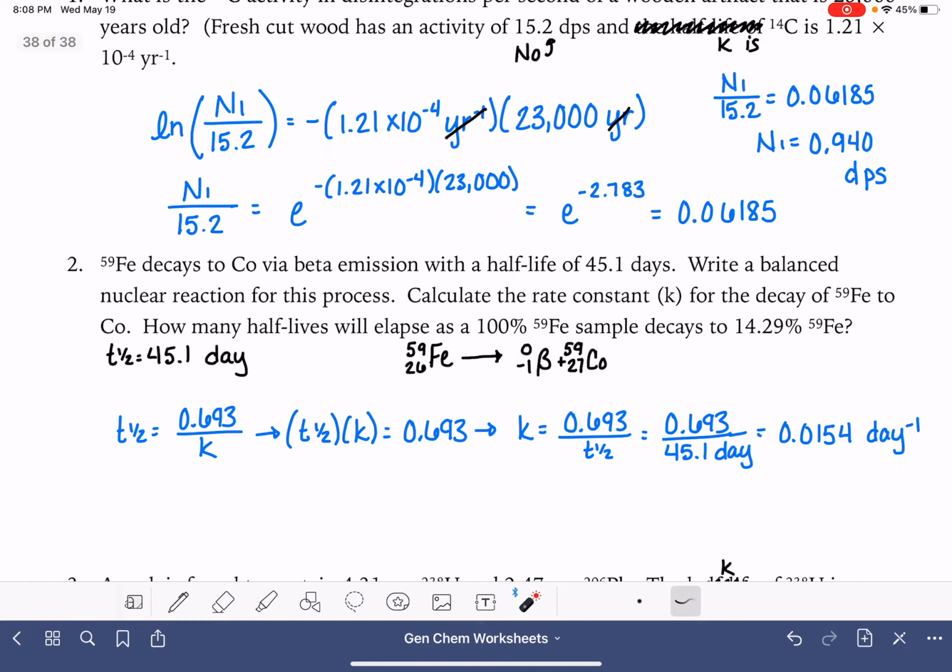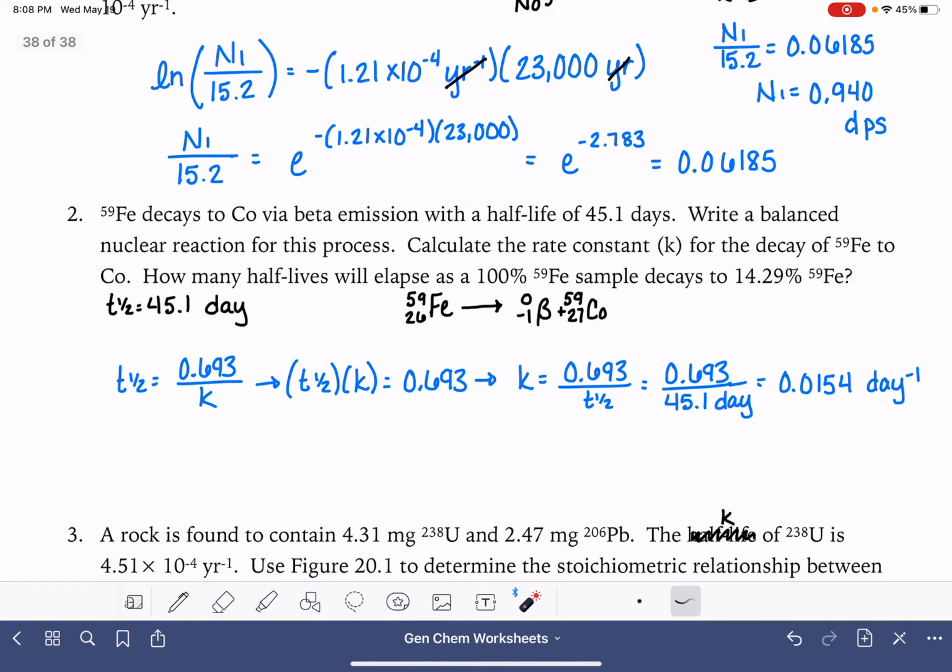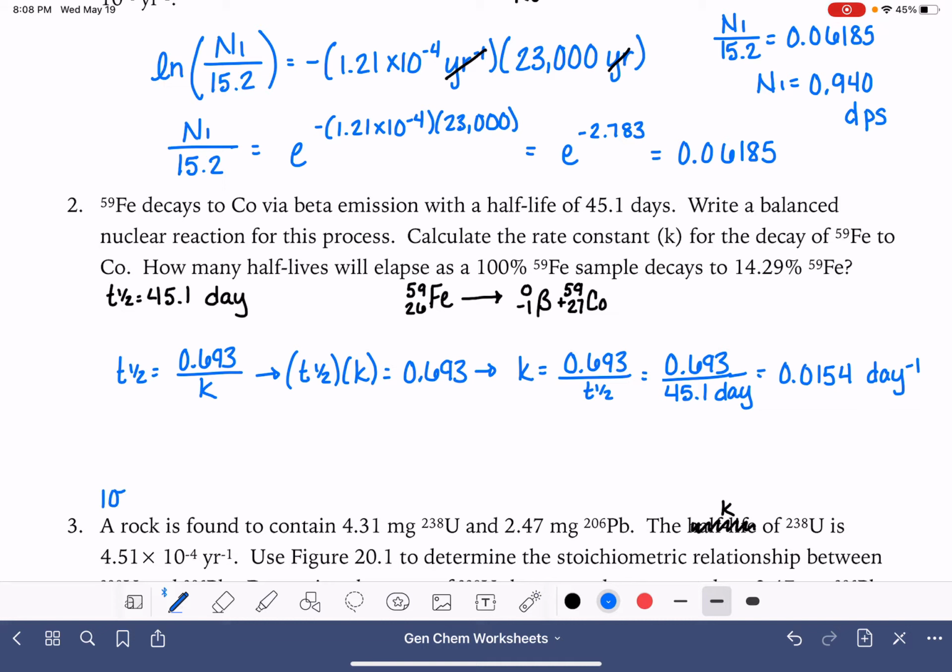Last part of this question, so we just calculated the rate constant. Last part, how many half-lives will elapse as 100% decays to 14.29%? This would be a really easy problem to solve if this worked out to be a whole half-life number. So if we started with 100%, after the first half-life, we go down to 50.